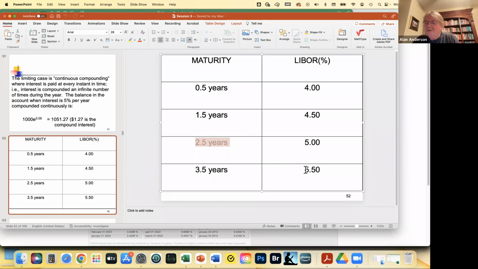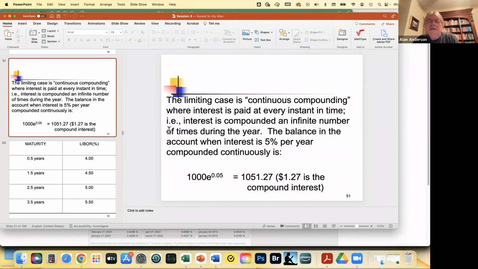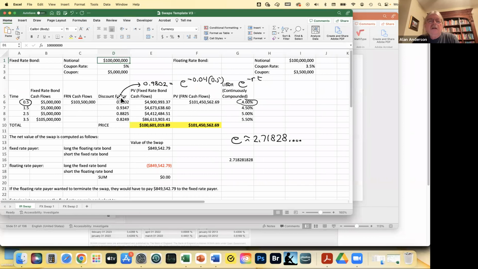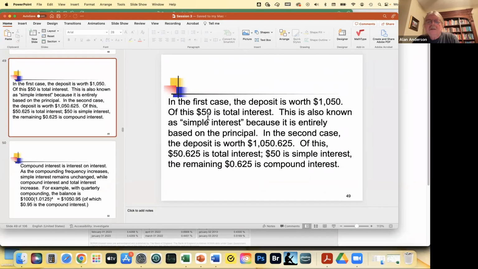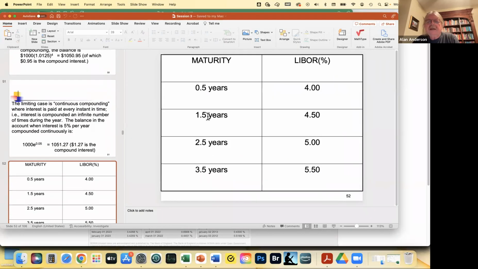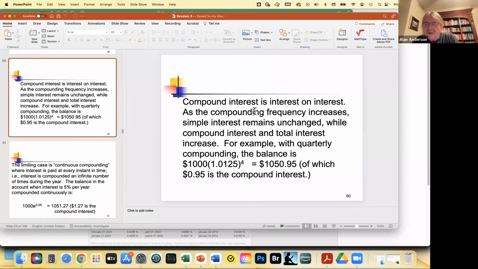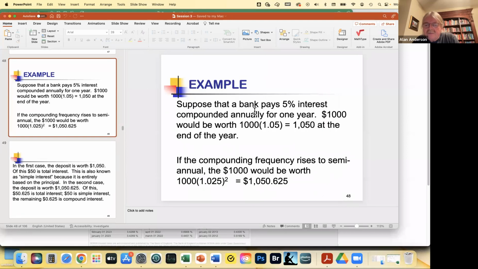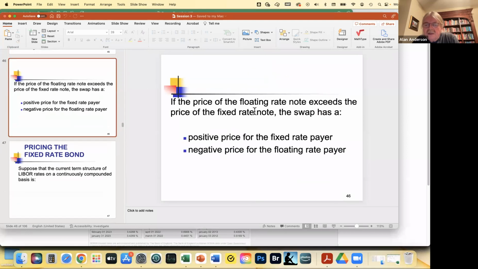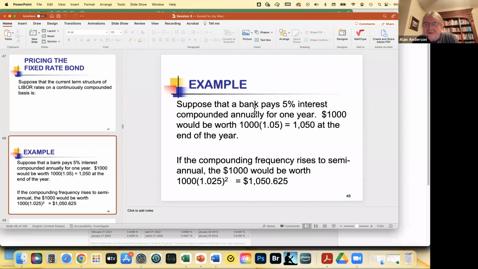They're all different. Now, by the way, they also mention here somewhere that the current LIBOR rate is 3.5%.